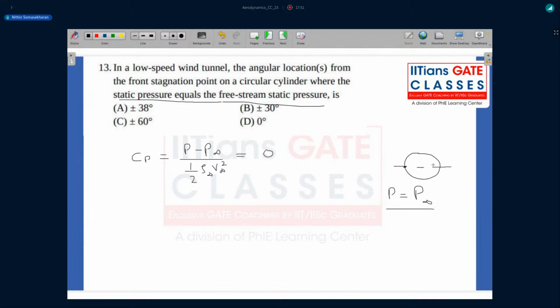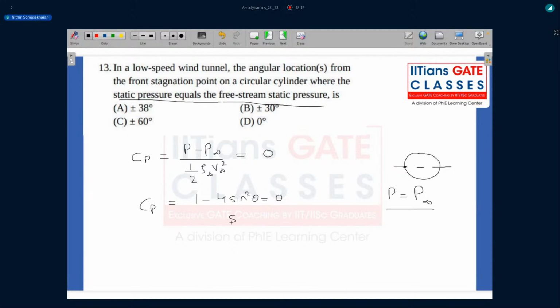So we are going to look at locations where my Cp is zero. And we know from potential flow theory that Cp over a non-lifting cylinder can be expressed as 1 minus 4 sine square theta, right? And this is what we are equating to zero and figuring out what are those theta locations.